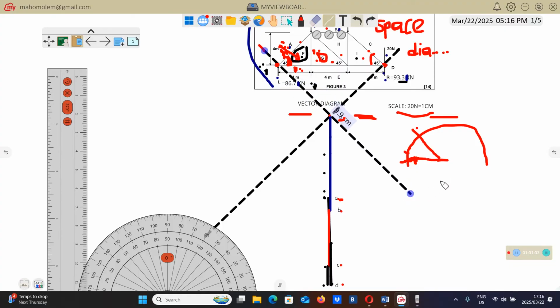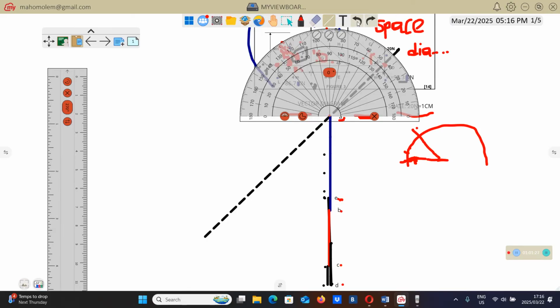Now the problem of this line is that this line is not parallel to this. Remember, the line that you must draw must be parallel to the line AF. So this dotted line is not parallel to this, but perpendicular. We draw parallel lines here. We don't draw perpendicular lines. So that line will be wrong.